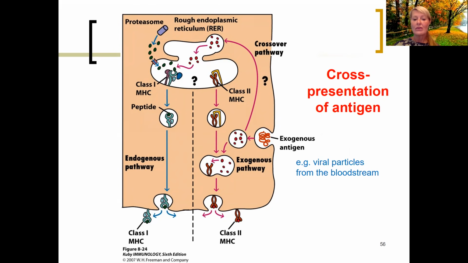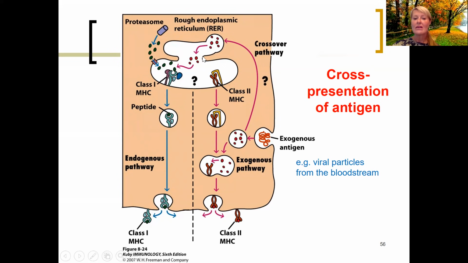But here's essentially what happens. The exogenous antigen is a viral particle, for example. This is going to be taken into the endosomes, as we've discussed before. But under certain situations, there are mechanisms that we don't yet fully understand that shuttle this set of peptides into the ER.